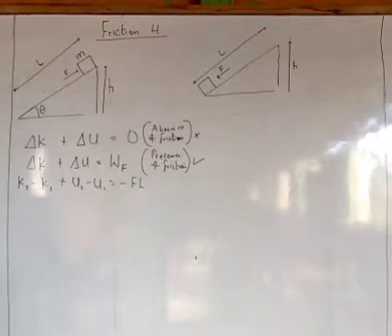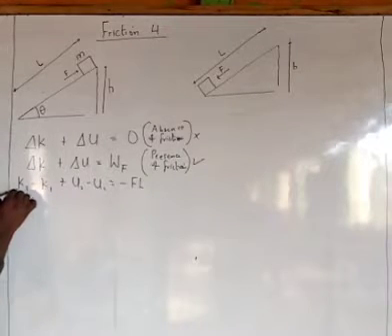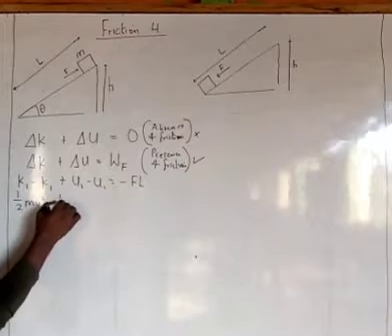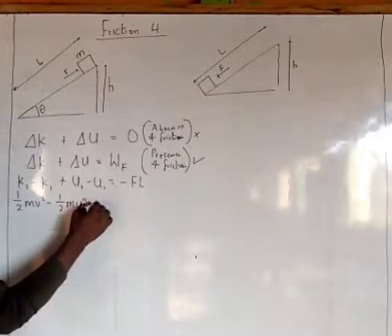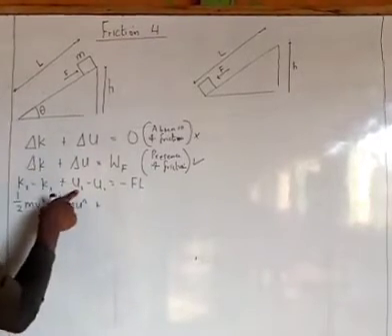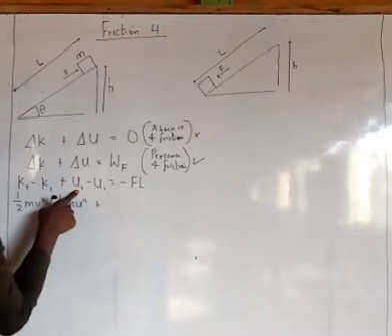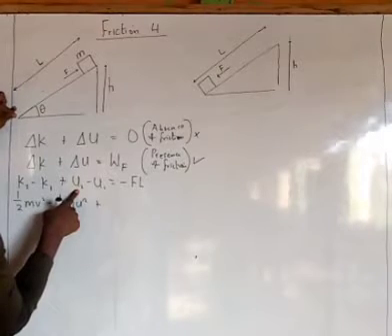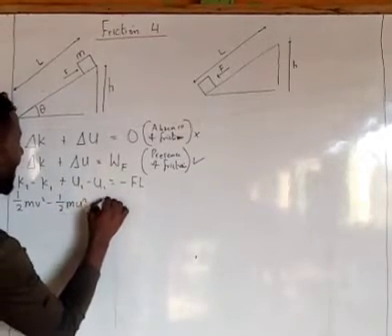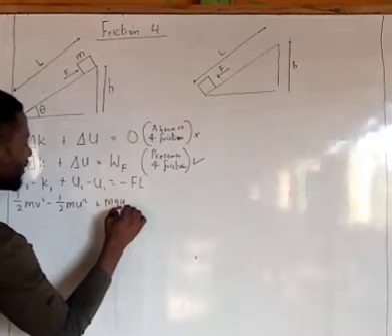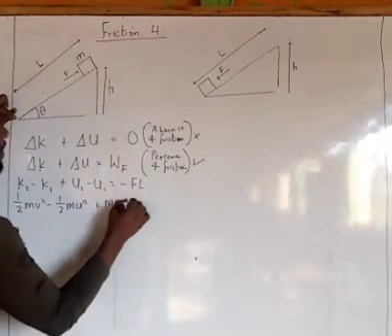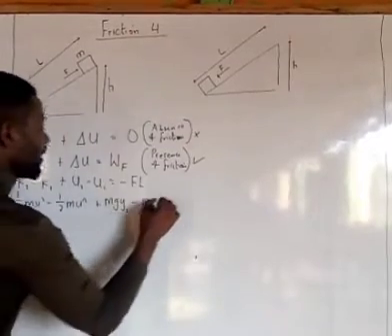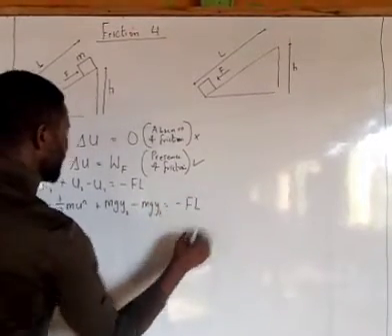All right. What is K2? K2 is half mv square, and K1 is half mu square, plus potential energy 2. Potential energy 2 is here when the body is here, and that will be mgy2 minus mgy1 is equal to negative FL.